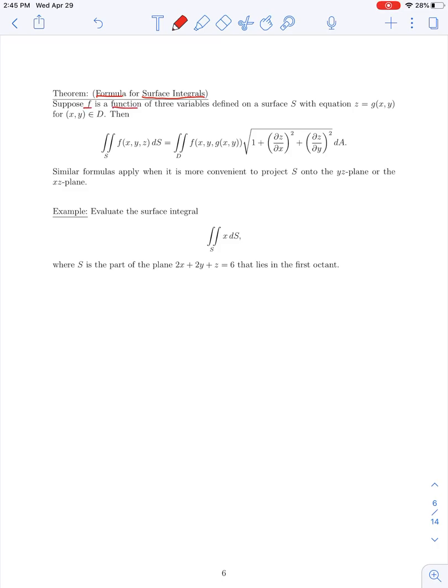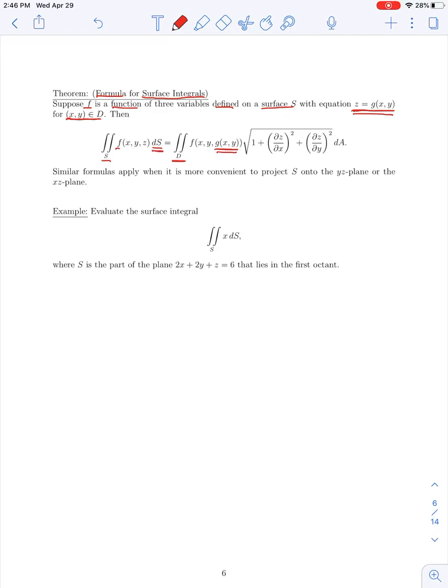If we have a function f of 3 variables, which is defined on some surface S, and the surface is the graph of a function, z equals g of x, y, for points x, y in some domain D in the xy plane, then the surface integral of our function f can be evaluated as a double integral over the plane region D, where our function f of x, y, z is now given by f of x, y, and, since this surface represents the graph of a function, z would be replaced by the function g of x, y.